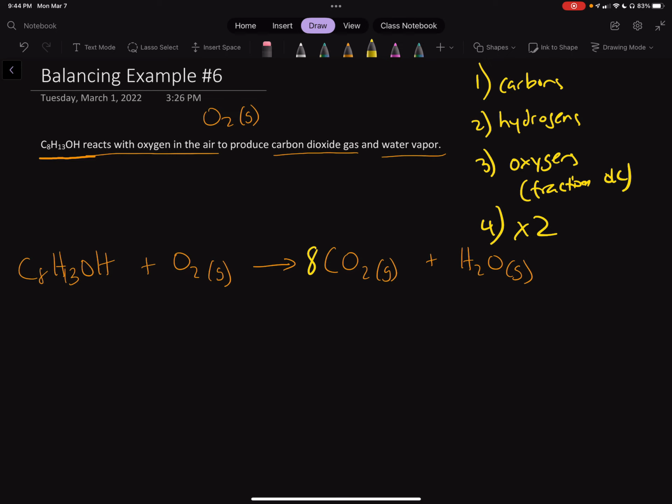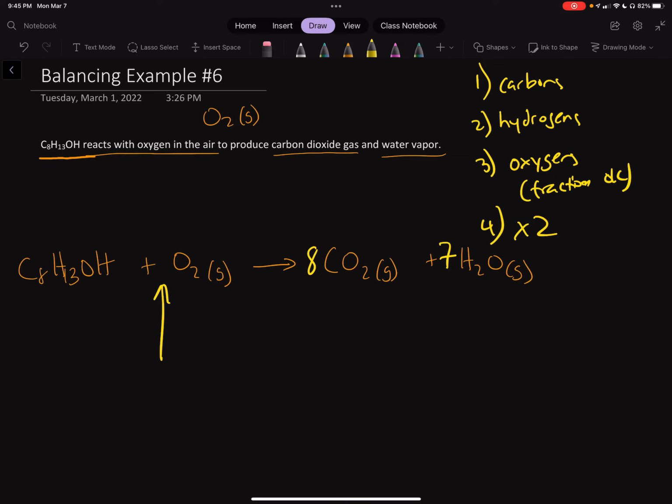So I see we've got 14 hydrogens over here from that hydrocarbon, and inside one water molecule, there's 2 hydrogens, and 14 divided by 2 is 7. So if I put a 7 right here in front of the H2O, that would give me 14 hydrogen atoms on both sides.